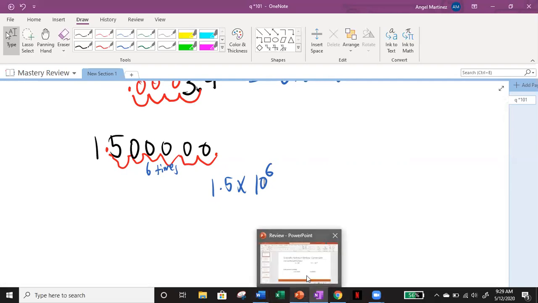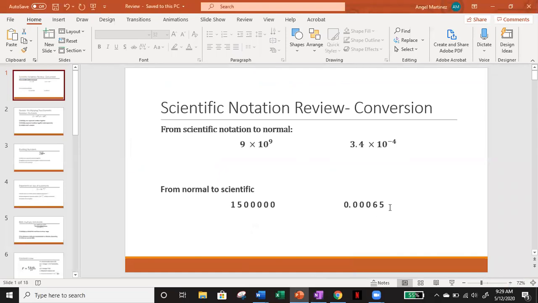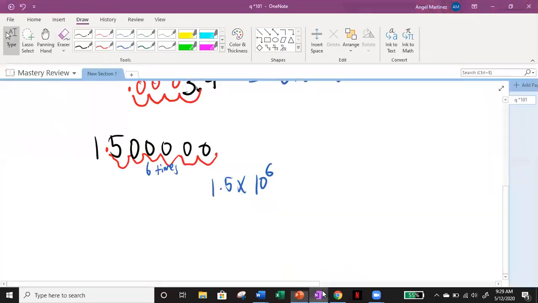Then we're going to do this one, 0.00065. We do the same thing, but this time we're dealing with a small number.